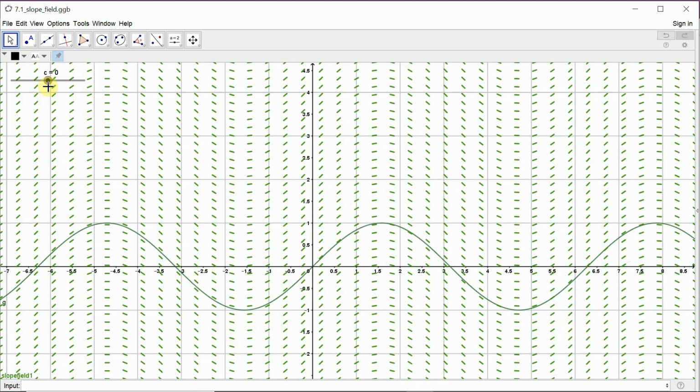What do you think, Abai? Incorrect. It is not negative cosine. It is just cosine.